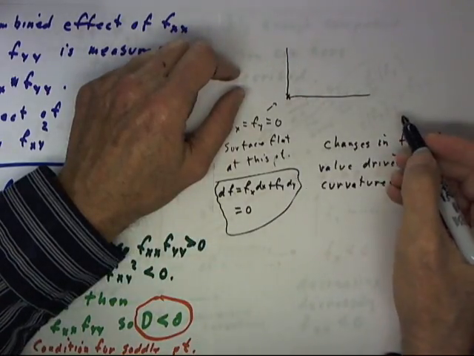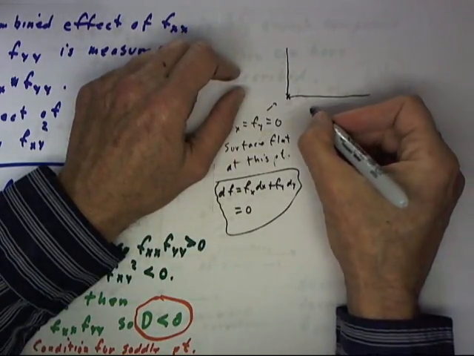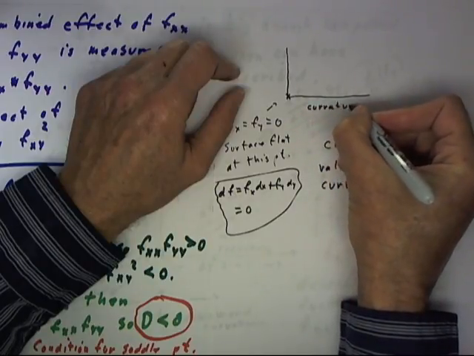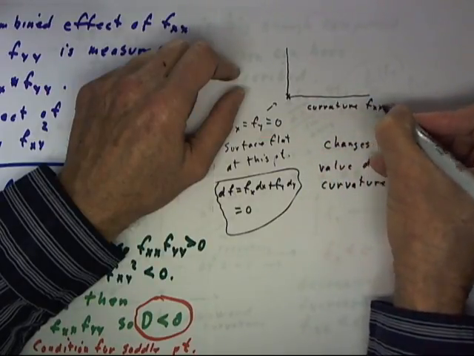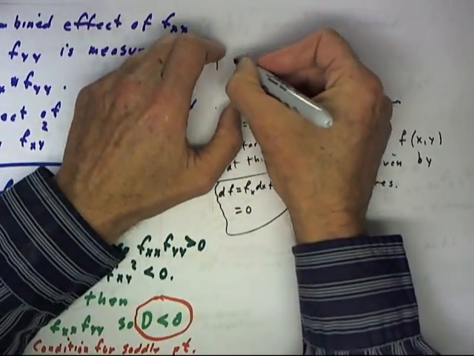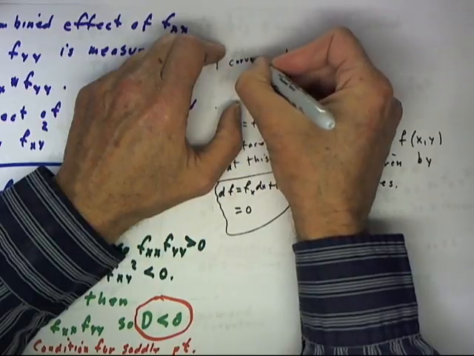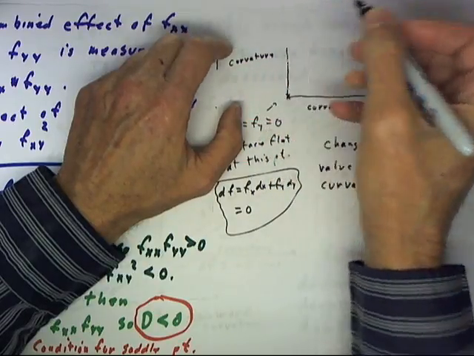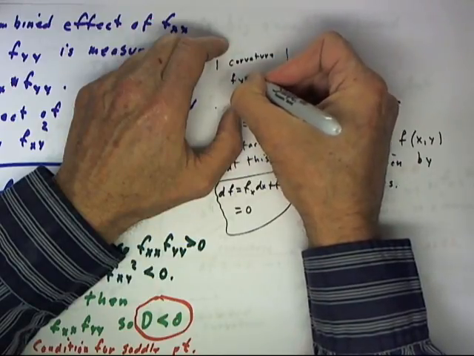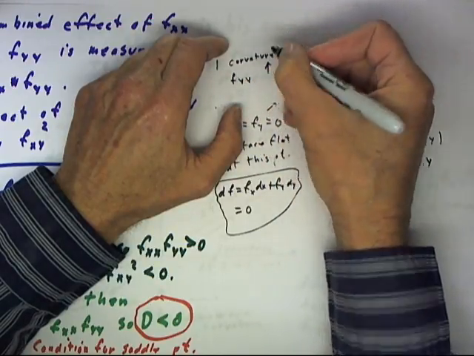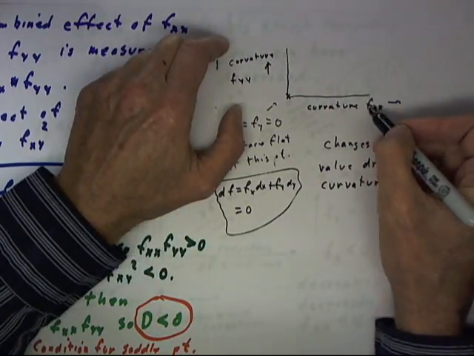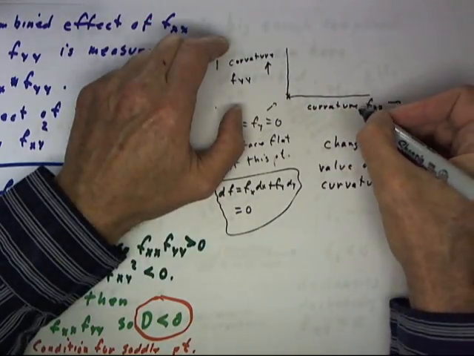The curvatures that matter are the curvature in this direction, which would be the curvature fxx, curvature as we move in the x direction, curvature fyy as we move in this direction, and fxx and fyy are not actually curvatures.